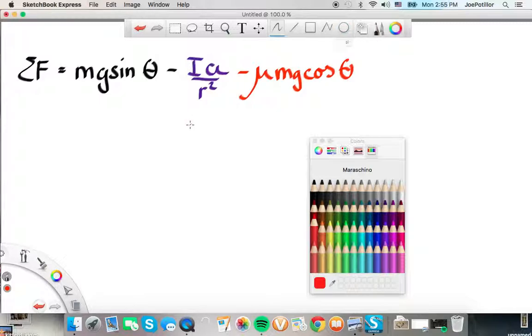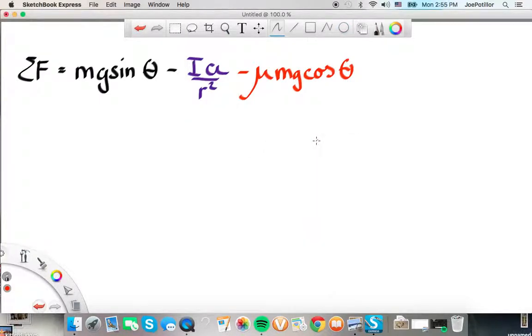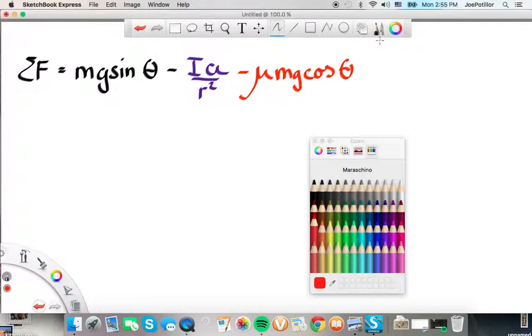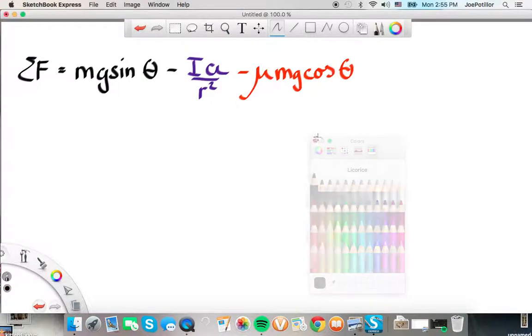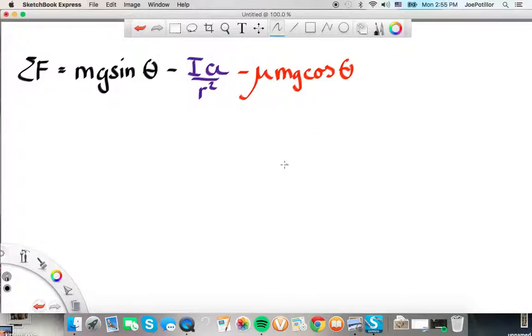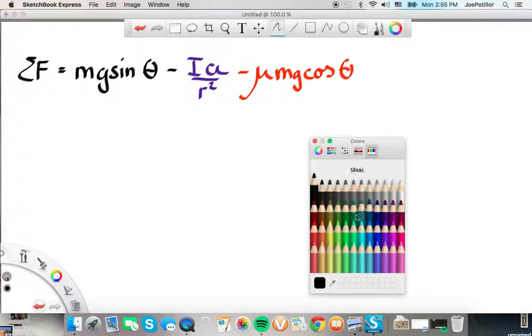Now, using Newton's law, which I'm sure all of you have memorized at this point, acceleration of a body is directly proportional to its force and inversely proportional to its mass. And if you don't know that, God help us all. So a equals sigma F divided by m.